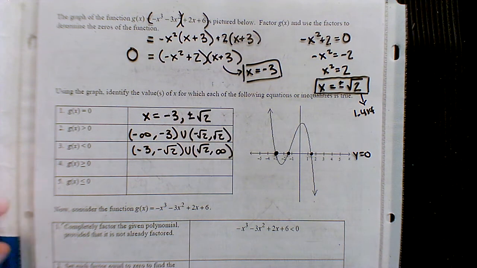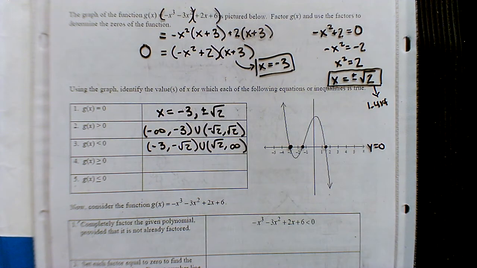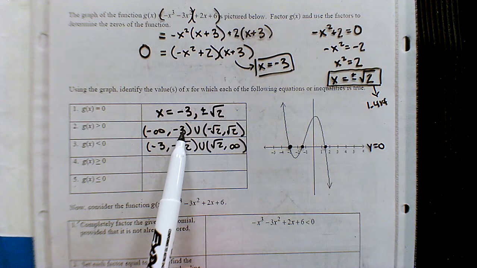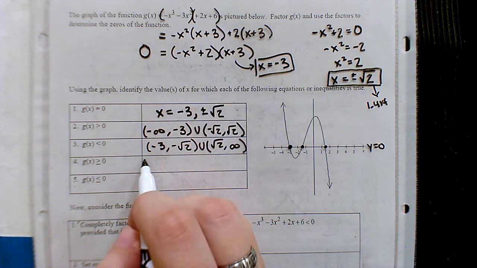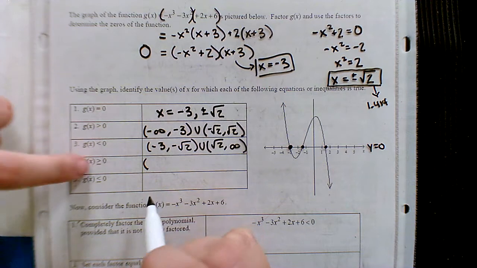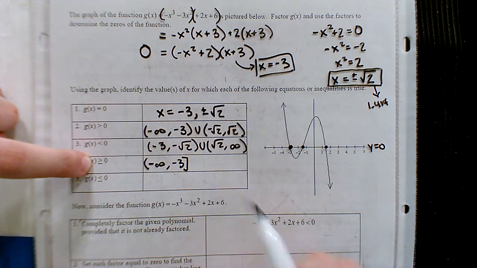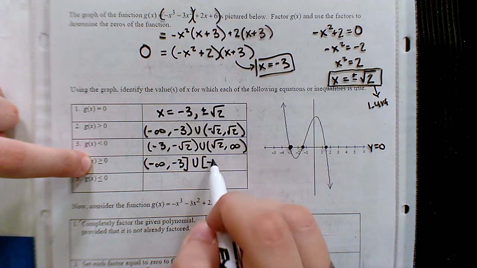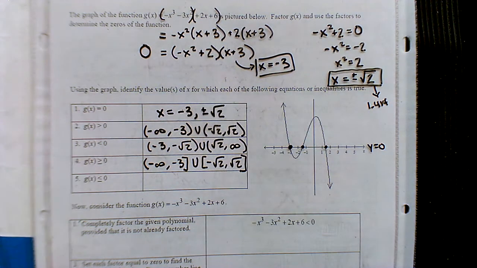Alright. The last 2 are very similar to the ones we just did, but notice how it includes 0 now because we have that bar there. So we can physically include those x-intercepts that we skipped over from the previous intervals. So if we want to be above the x-axis or on it, we can bracket 3 and then bracket those square root of 2's.